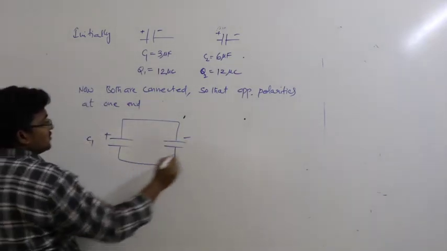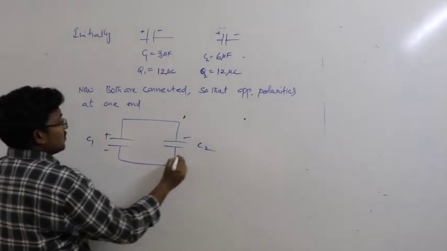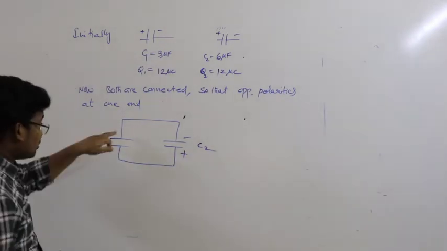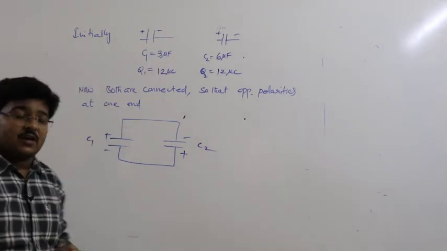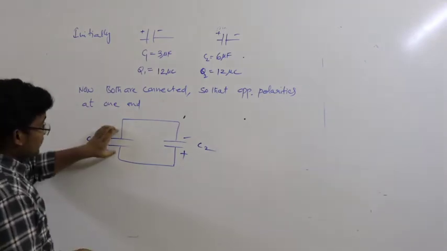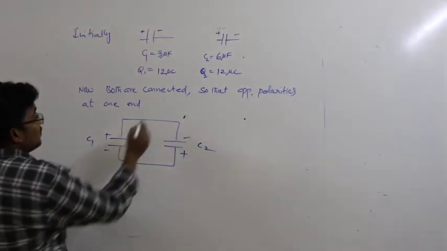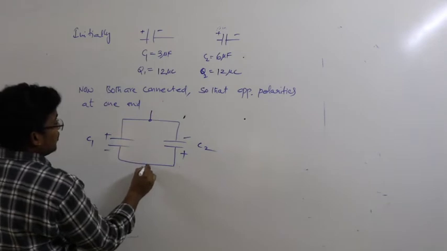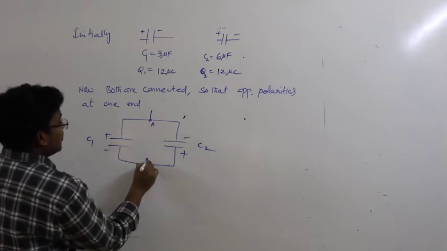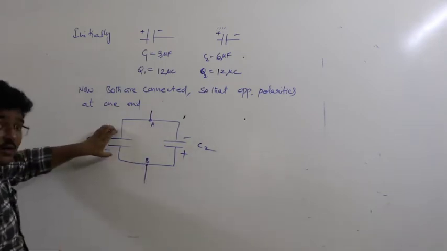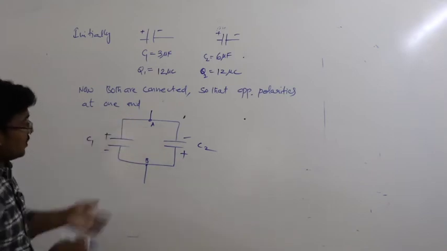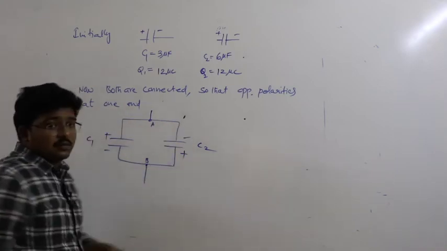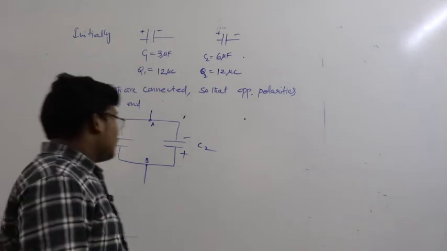Okay? So the positive end is connected to the negative end, and the capacitor endpoints are the same. Like I can take this as endpoint A and point B. This capacitor's endpoints are A and B, and this capacitor's endpoints are A and B, which means they are in parallel, right?